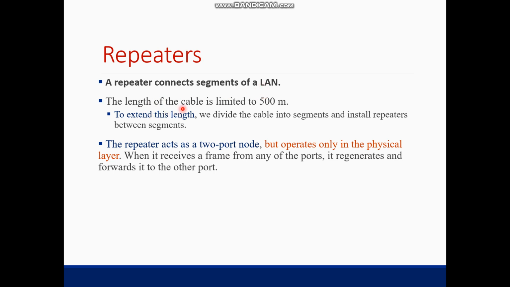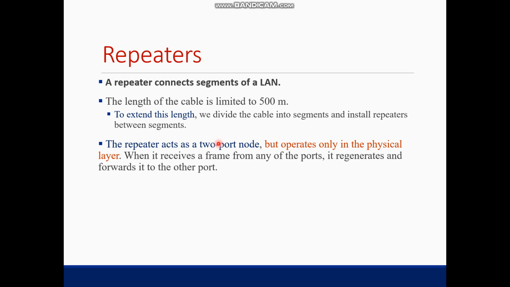The length of a cable which is used here is limited to 500 meters. In order to extend this length, we can divide it into segments, and we can install a repeater between those segments. Then we can say the repeater acts as a 2 point node, that means it has only two ports.